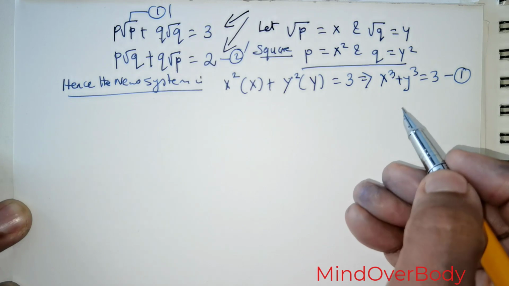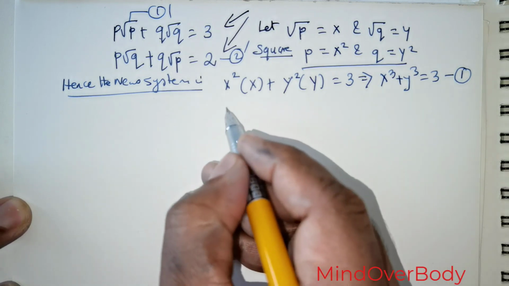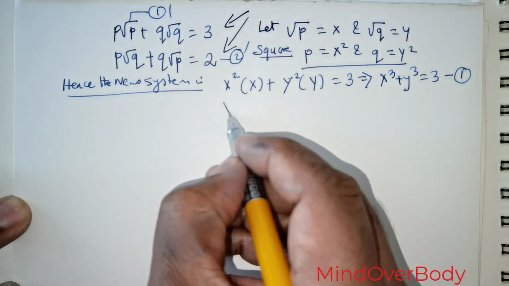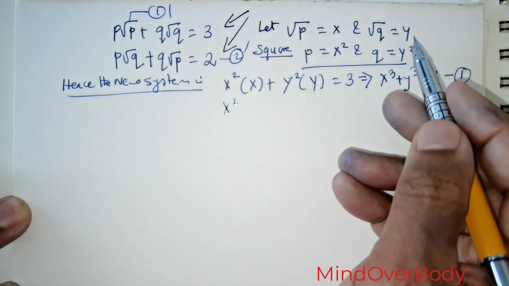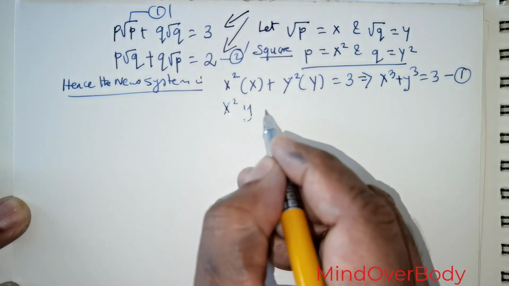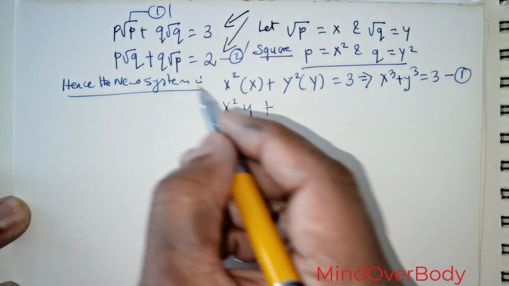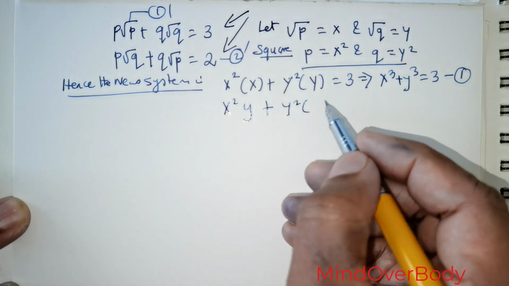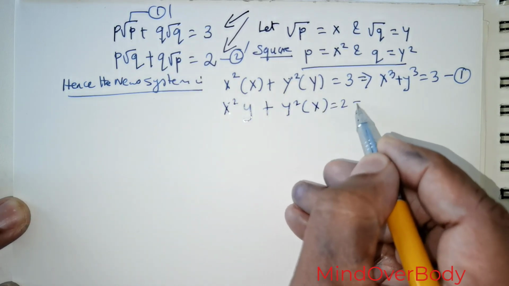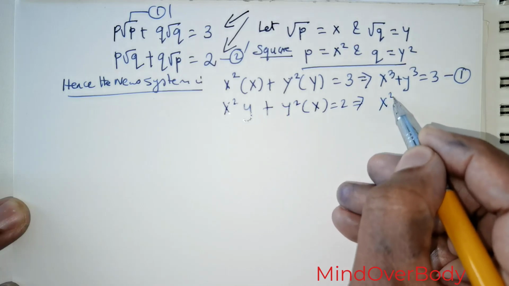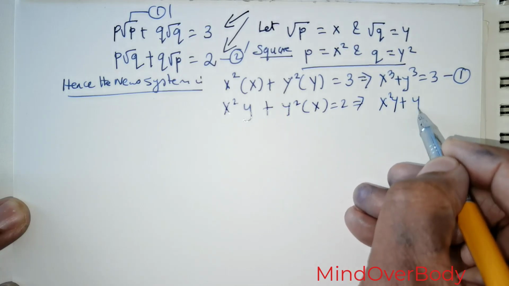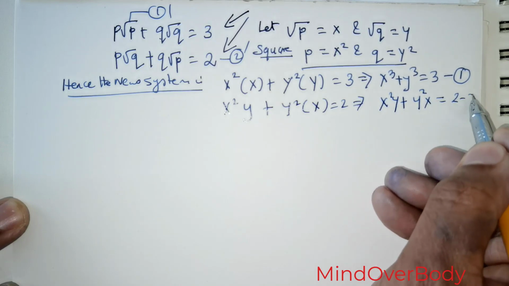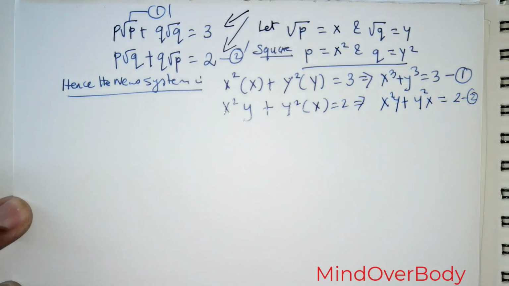Starting with the second equation, p is x squared and root q is y, plus q is y squared and root p is x, is equal to 2. I can rewrite this as x squared y plus y squared x is equal to 2. I take this as equation 2.